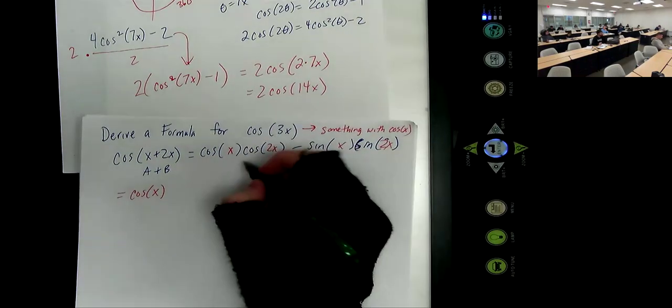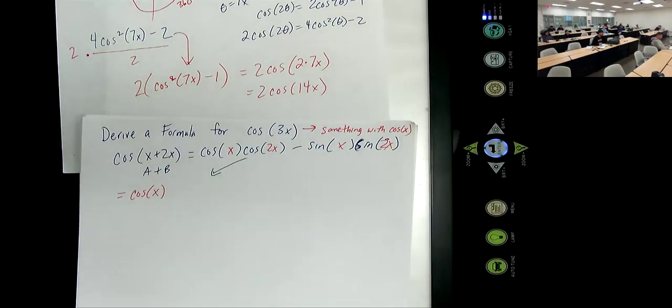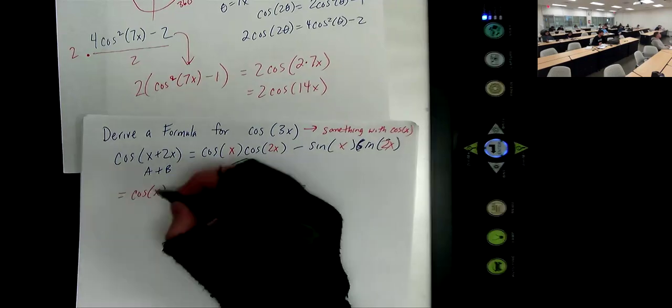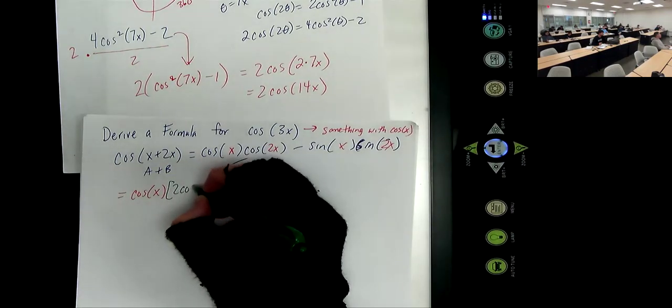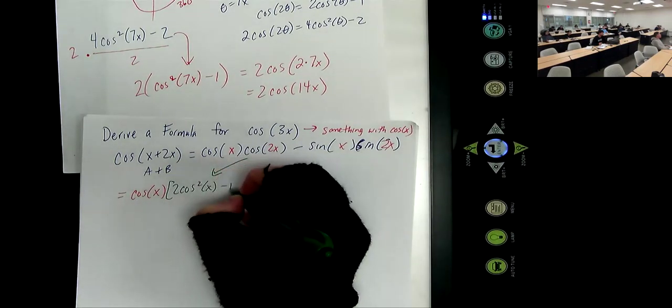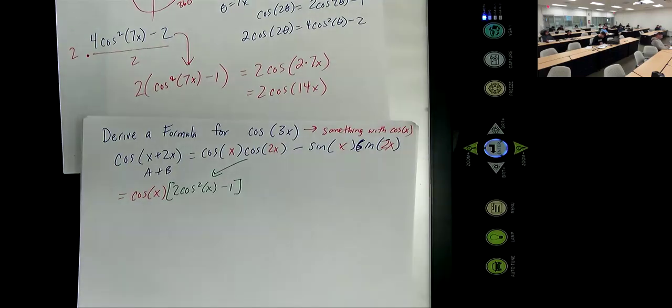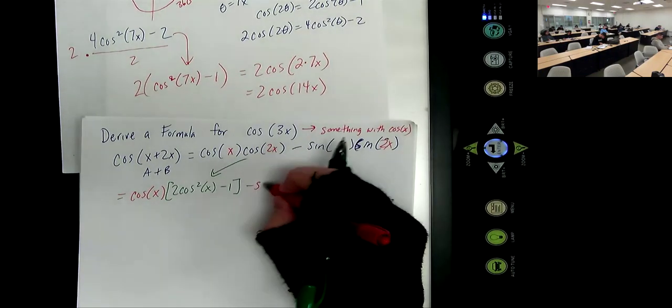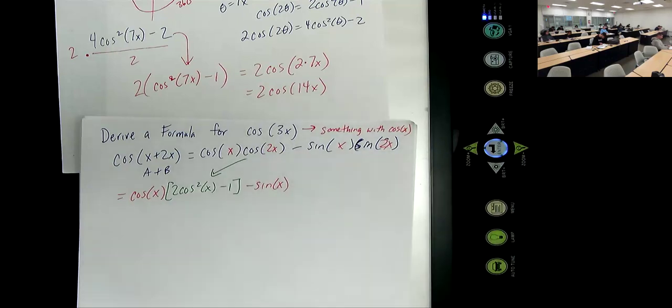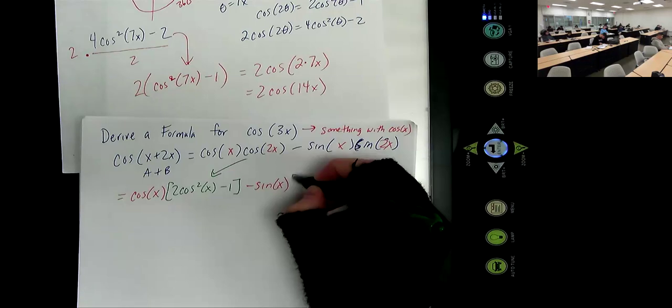For the cosine 2x, we actually have one that goes directly to cosine alone. We could use 2 cosine squared x minus 1. And then I had minus sine x. And what was sine of 2x?